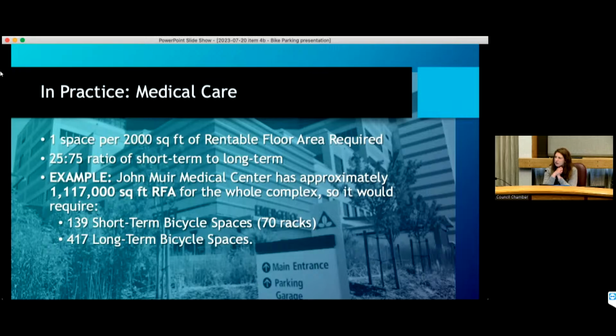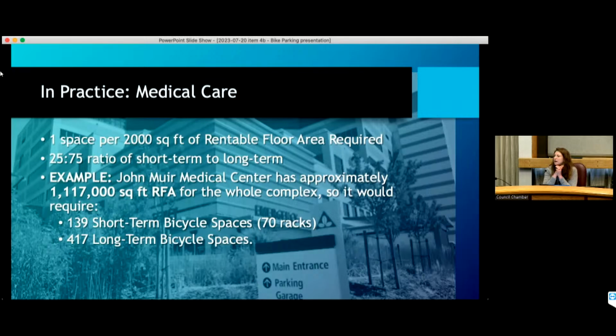But if you look at our code as it is right now, if you're going to build a brand new John Muir with this floor area, it would require 4,680 parking spaces, which means that because we require 10% bike parking, it would be 468 if you're just looking at that baseline 10% taken of the parking spaces.